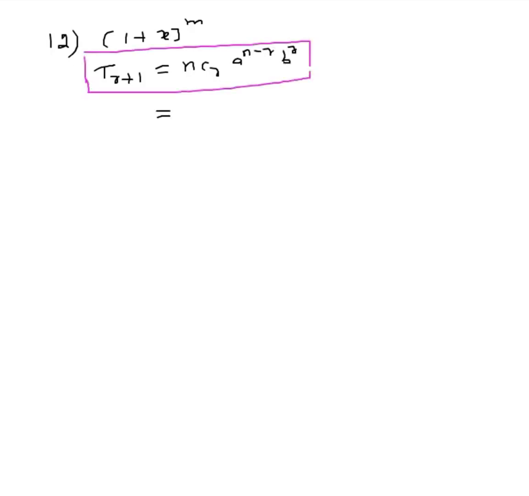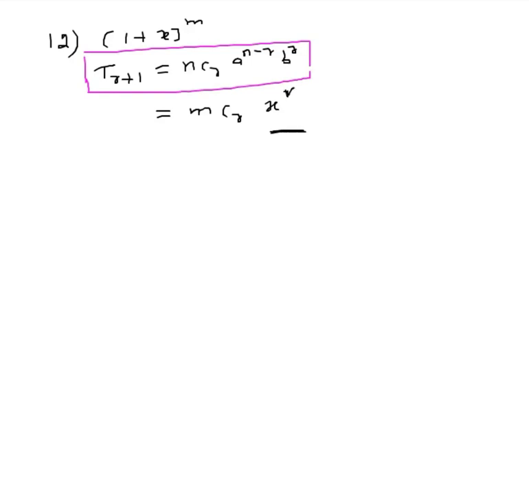Question 12. Find a positive value of m for which the coefficient of x squared in the expansion of 1 plus x whole raised to m is 6. Let us write the general term formula. Substitute for n, a and b. a is 1, b is x.